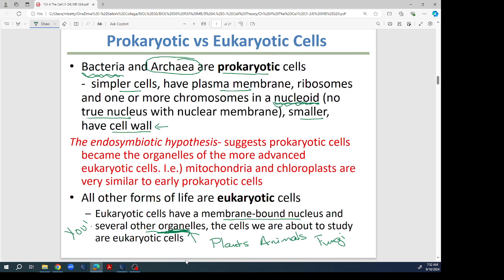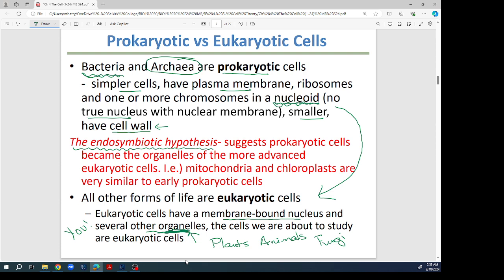Now, I put a link in here. So I really enjoy thinking about evolution and links and explanations for how things came to be. And so basically we have an endosymbiotic hypothesis. And this endosymbiotic hypothesis is the link between the two kinds of cells. So basically, if prokaryotic cells are older, how did they evolve into eukaryotic cells?